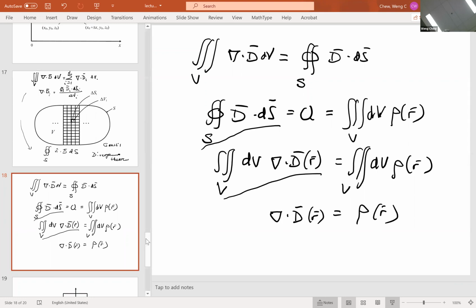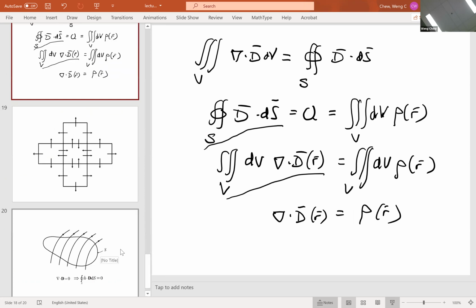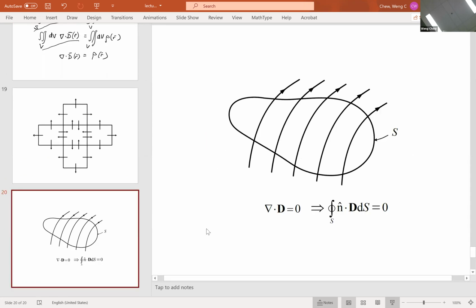You can do the same to the other equations of Maxwell. And before we move on, when we have divergence of D equal to 0, it just implies that the integration of the flux through a closed surface equal to 0. And that would also apply to divergence of B equal to 0.